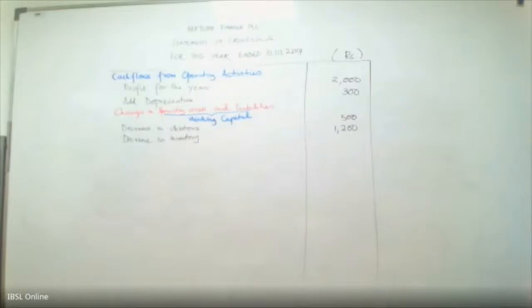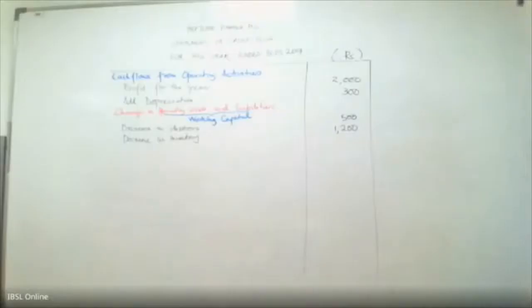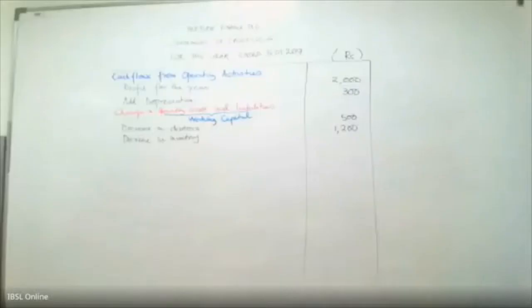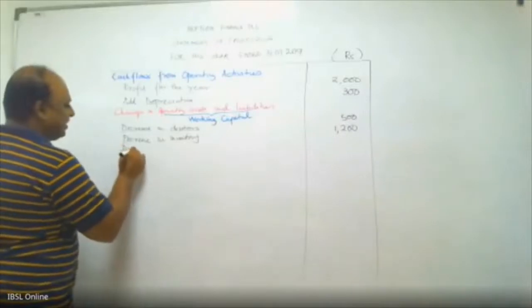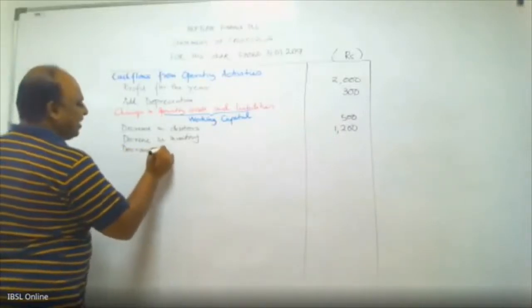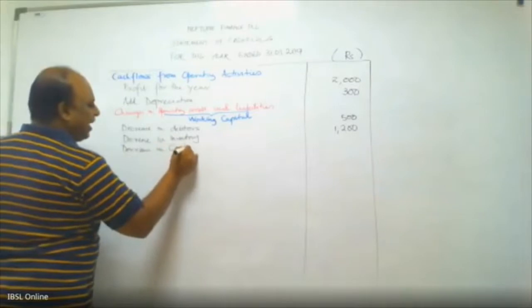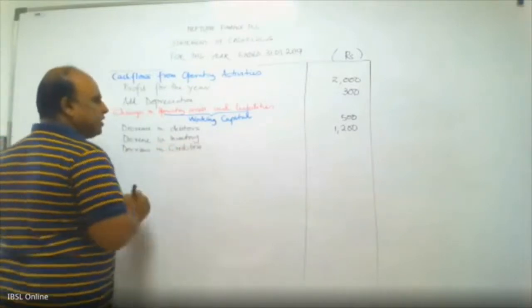The creditors. So what has happened to creditors? Decreased. What do you mean by that? Cash outflow. So when there is a decrease in liability, it's a cash outflow.